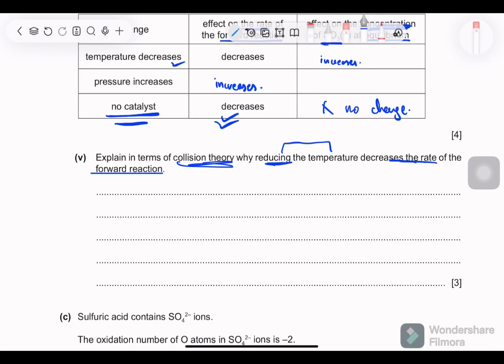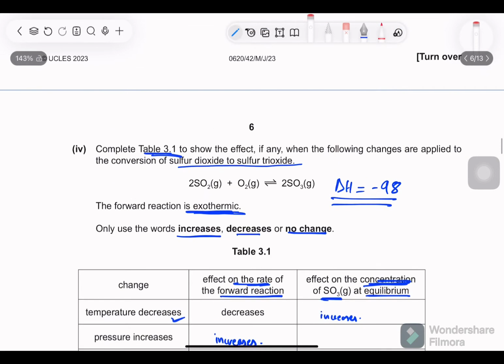Now, why does it decrease the rate? We have a standard answer for this. For catalyst also, for temperature also, you should know all of it. It always comes for 2 or 3 or 4 marks. So when we decrease the temperature, notice that the equilibrium is shifting towards the right.